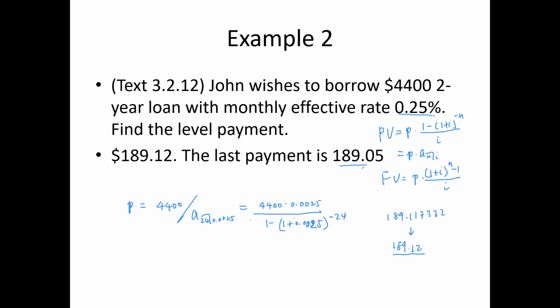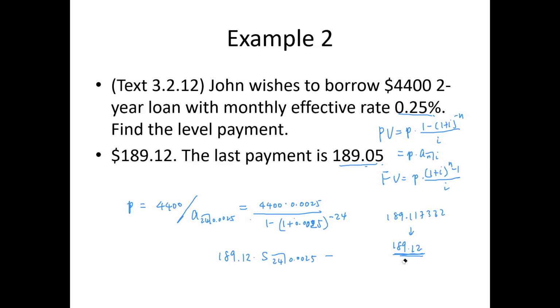Okay, so that's this one. To find that, you can find the accumulated value. You use this s sub 24 at 0.0025. So this is the future value when you pay that, but you pay more than that.